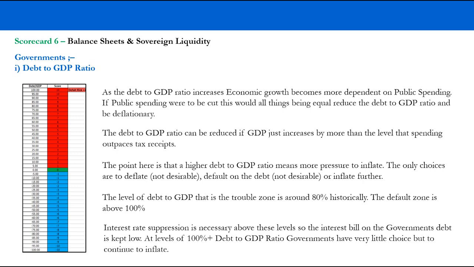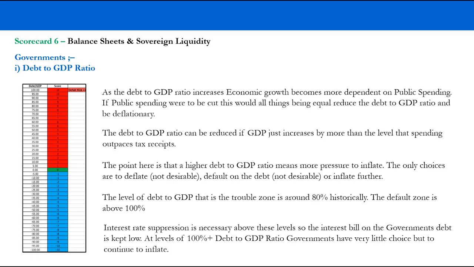So we have to bear that in mind. The point here is that a higher debt to GDP ratio simply means more pressure to inflate, because the only choices are to deflate, which is not desirable, because in deflation, you obviously threaten economic growth.